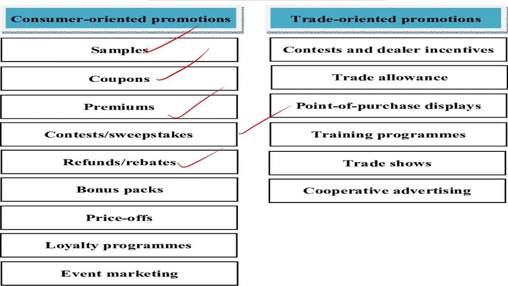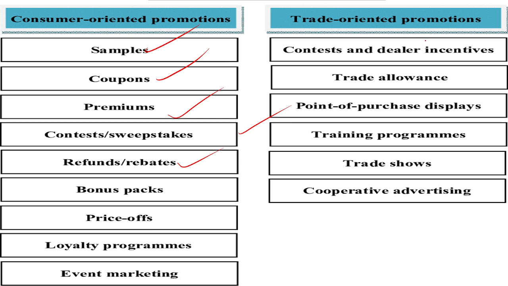Then bonus packs: when you purchase a service you get something additional, like a paid meal in air travel. Then price off, when the price is charged lower than the actual price. Then loyalty programs to maintain customer loyalty, and event marketing. These are examples of consumer-oriented promotion.